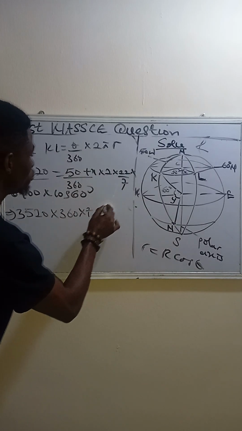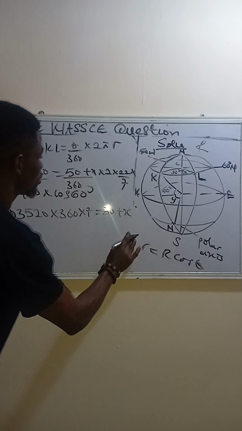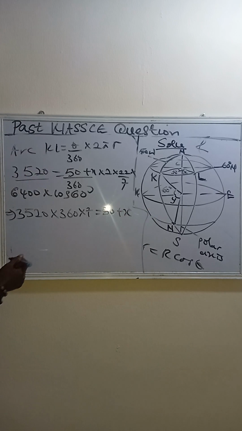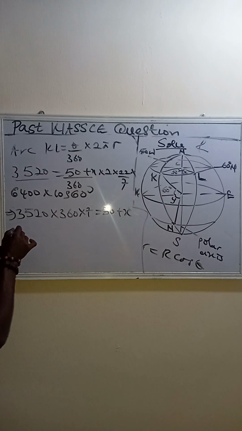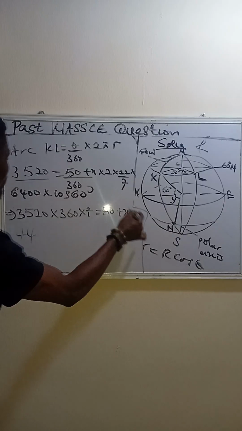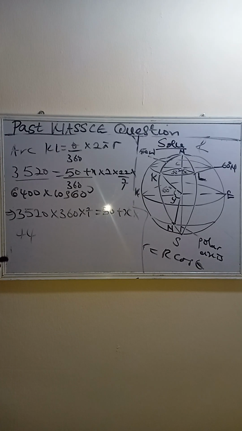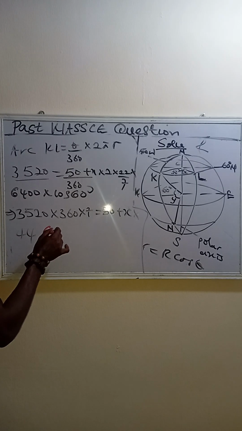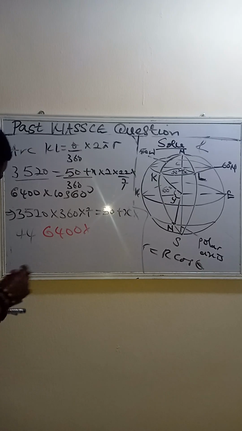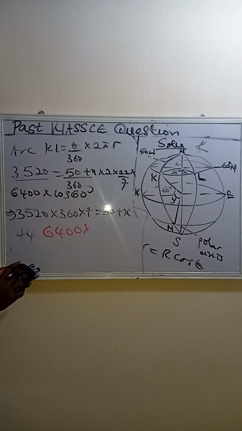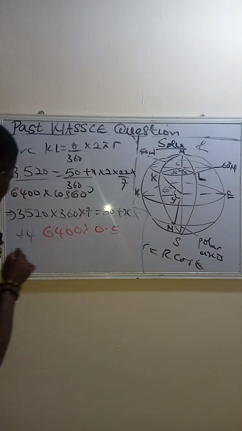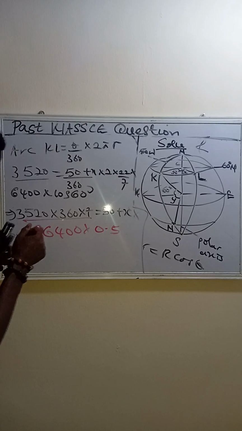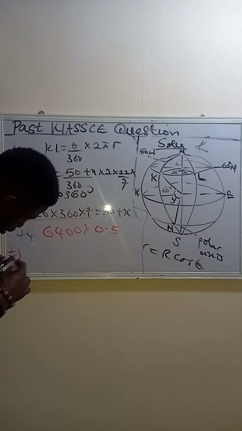Then this one will give you 50 plus x, times 44 times 6,400 times cos 60 degrees. Cos 60 degrees is 0.5.